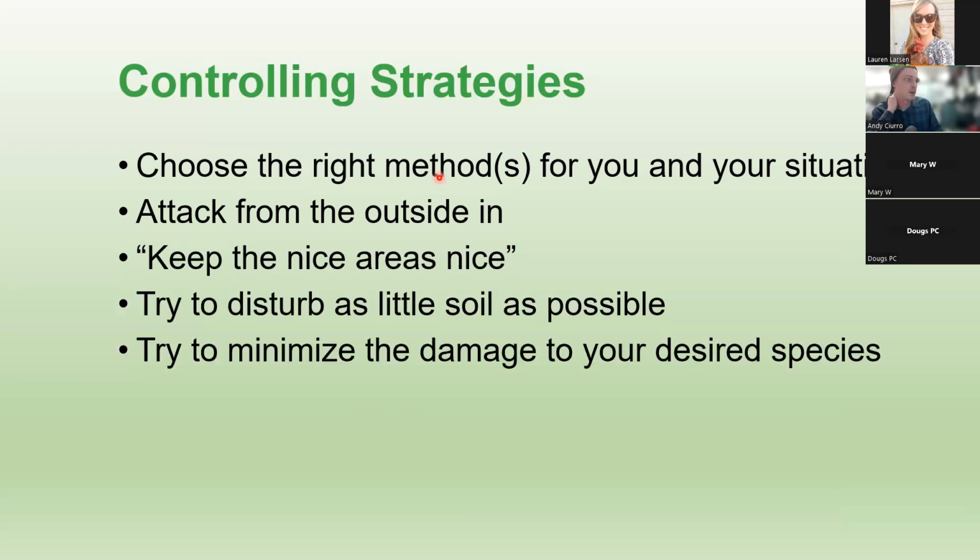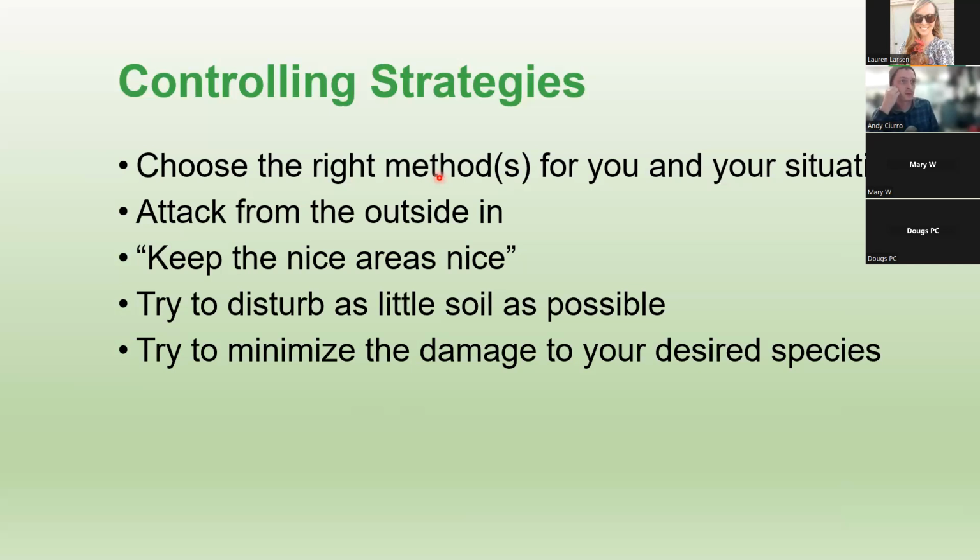So don't disturb the soil. Mentioned that already. Minimize damage to your desired species, your native species, your non-target species. So choose selective methods of control where possible. Sometimes that isn't going to be possible if you have 99% buckthorn.